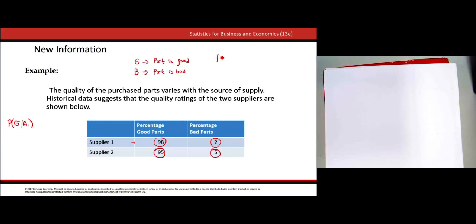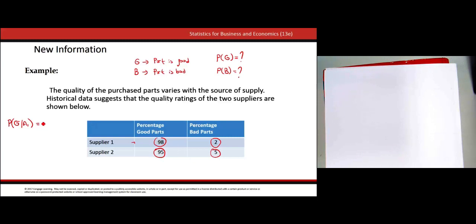Do we know the probability of G and the probability of B now? We don't know, because we can have good parts from supplier 1 and supplier 2, and bad parts from supplier 1 and supplier 2. We can calculate those probabilities later, but these are the conditional probabilities.